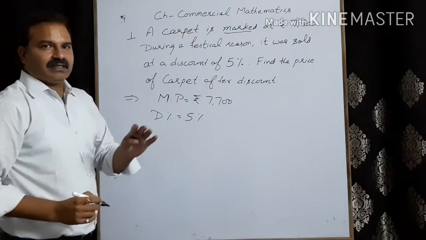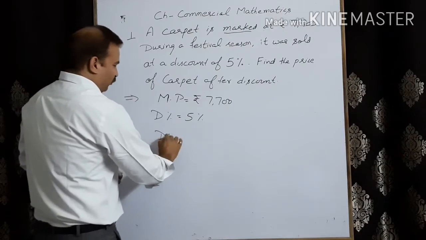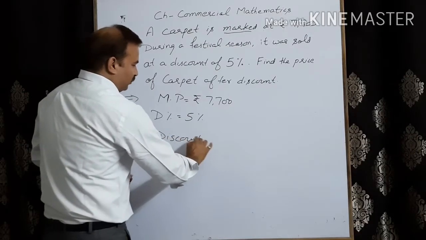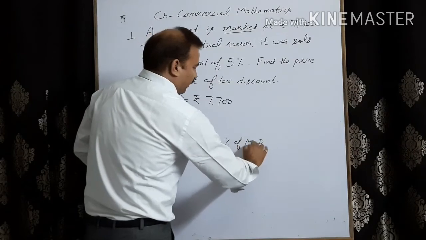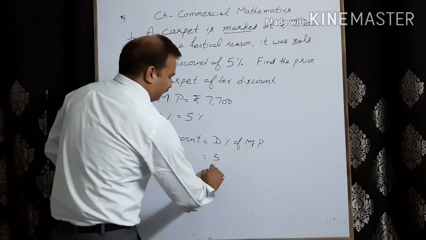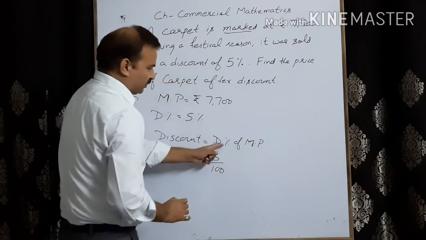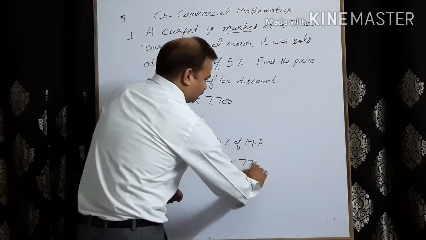First of all, let us find the discount, that is how much discount the person has got. So the formula is: discount is equal to discount percent of MP. MP again is the marked price. The discount percent is 5%. 5% means 5 on 100. Of means multiply, and that is 7,700.